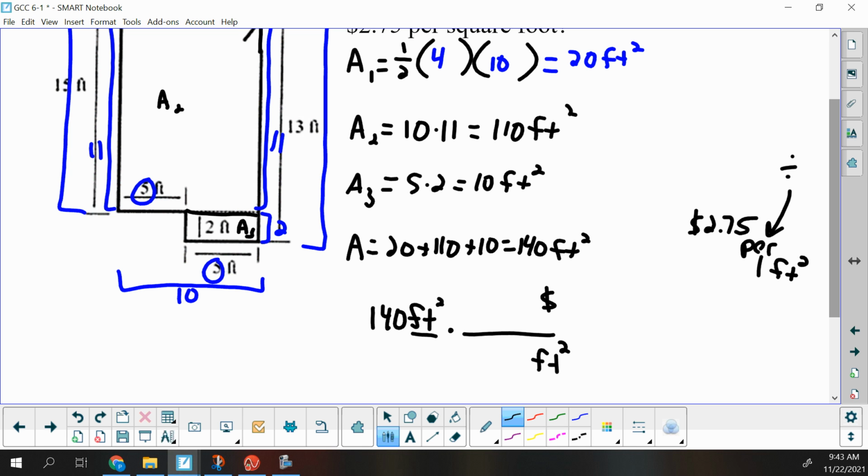So now we just fill in what we had. We had $2.75 per 1 foot squared. Well, now the feet squared unit wipes out on each. So when we multiply this, it'll just end up as a dollars amount. So take a moment on your calculator and do the 140 times 2.75. Dividing by 1 doesn't change anything, so you don't have to do the over 1 in this case. And when you get your answer, make sure to put the dollar sign on it for your units.